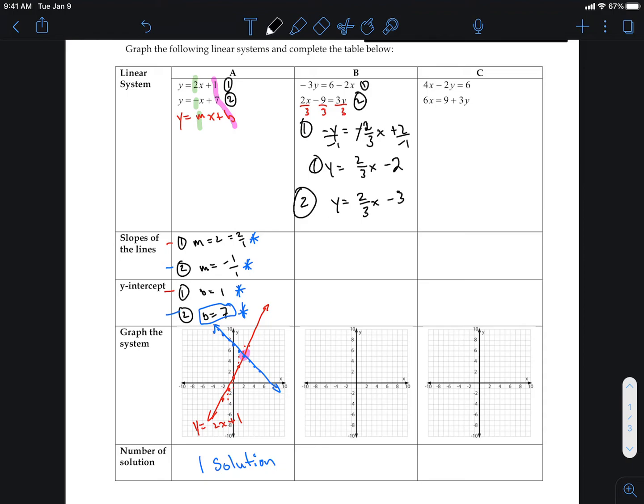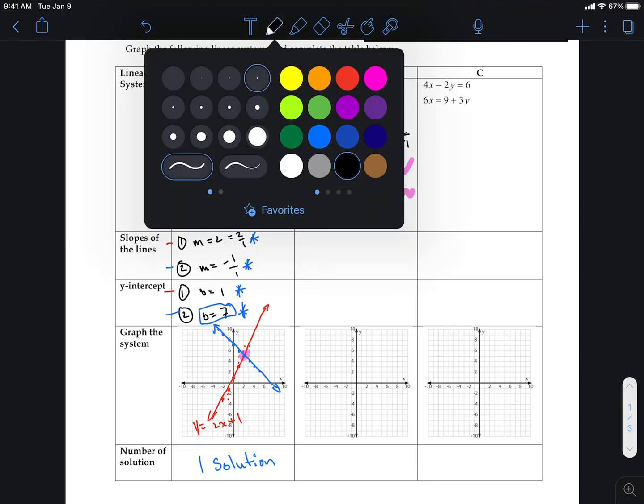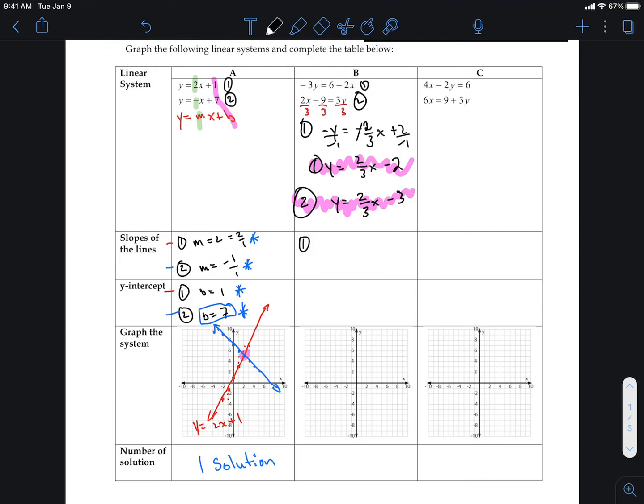Okay, and then we can identify from the lines, right? These are the two I'm looking at. We're going to identify from both of them what the slope and y-intercepts are. Okay, and this is where you're going to start to see a pattern.